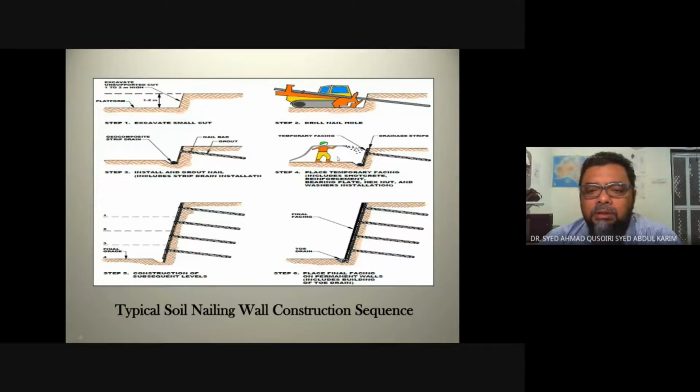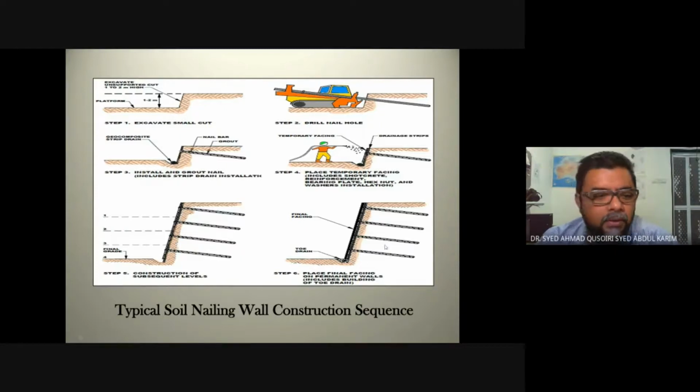All right, so place temporary facing, and then they will start to build the face of the retaining wall. They cannot just leave the soil exposed just like that, even though they have already put in the nails. So they have to cover it, normally by the use of shotcrete. So this is the construction of a multiple level soil nailing retaining wall.